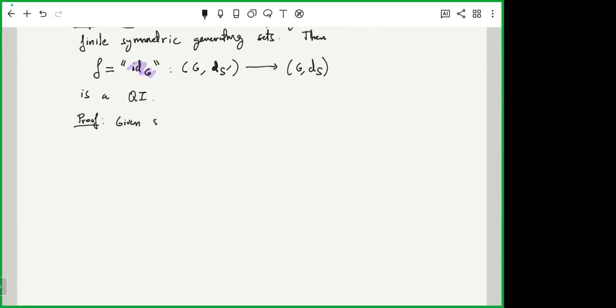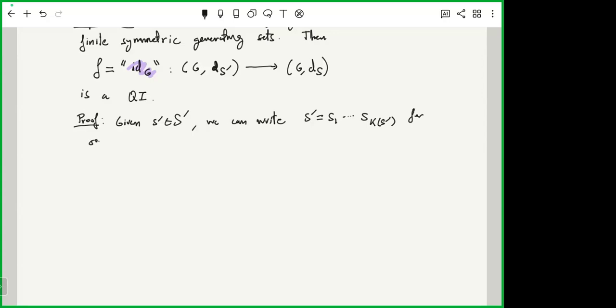Given s prime in S prime, since S is a generating set, I can write this element of the group as a product of elements of S. How many? Well, it depends on s prime.